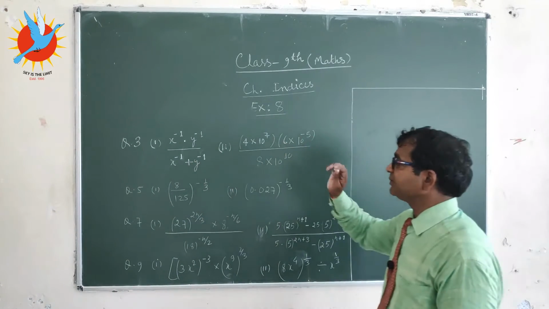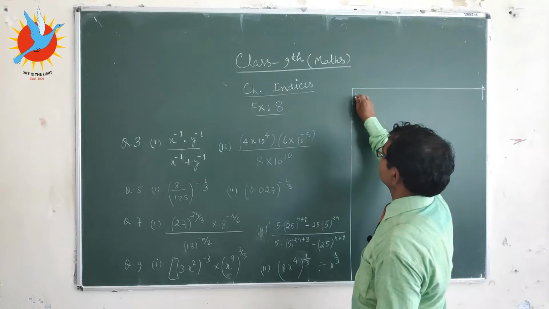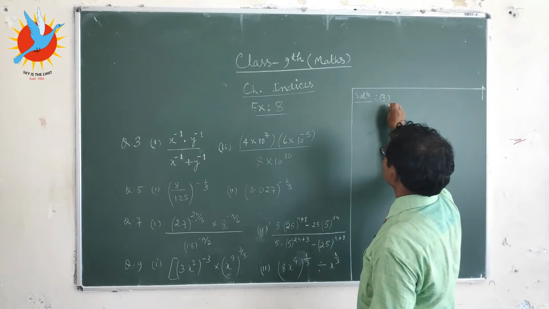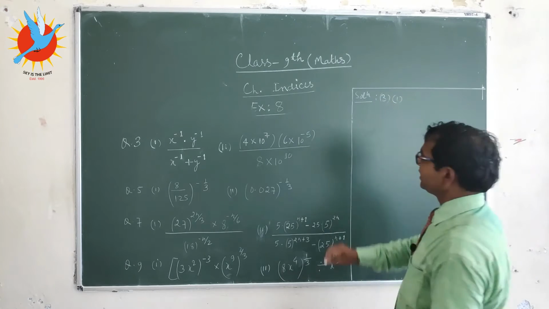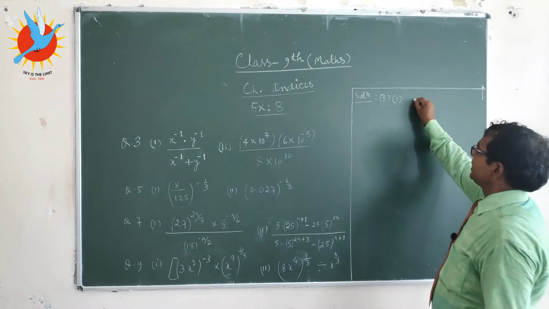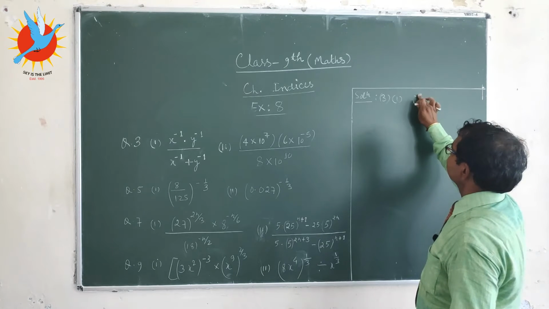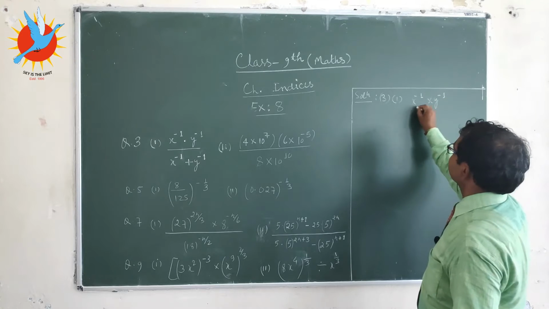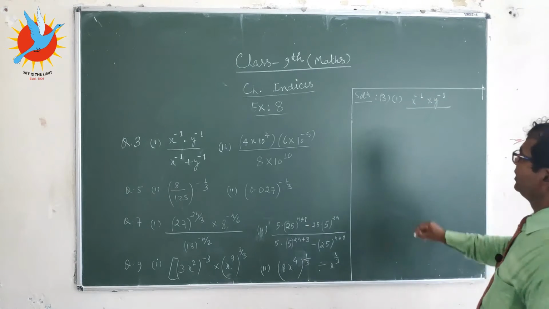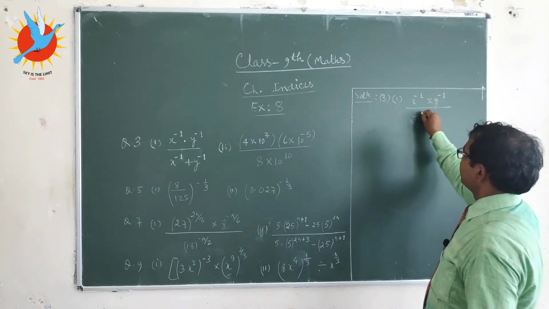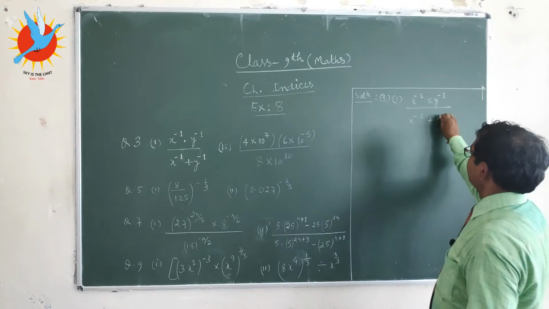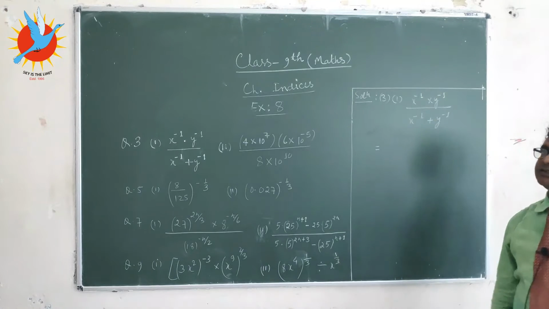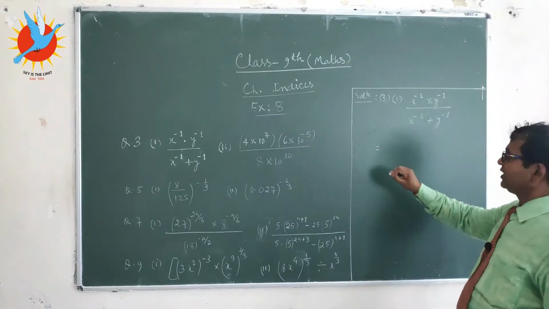Now take the first part of question number 3. Solution of question number 3, first part. The first part is x to the power minus 1 into y to the power minus 1 over x to the power minus 1 plus y to the power minus 1. Now convert this negative index into positive.